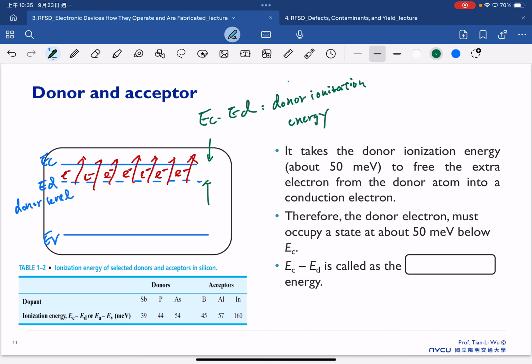Usually, in the case of silicon, this ionization energy is very small. It's only 50 milli-electron volt. So this EC minus ED is called the donor ionization energy.